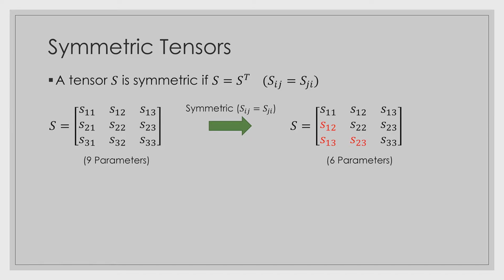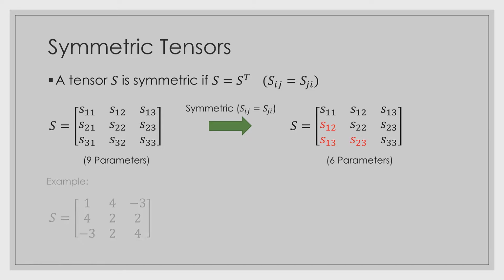So if we're trying to describe a material using an asymmetric tensor, we're going to need 9 different parameters to characterize that material. However, if we know that the tensor describing that material is symmetric, then that limits our parameters down to 6. So it's much easier to define that material. And as you will see with elastic materials, this is exactly what happens.